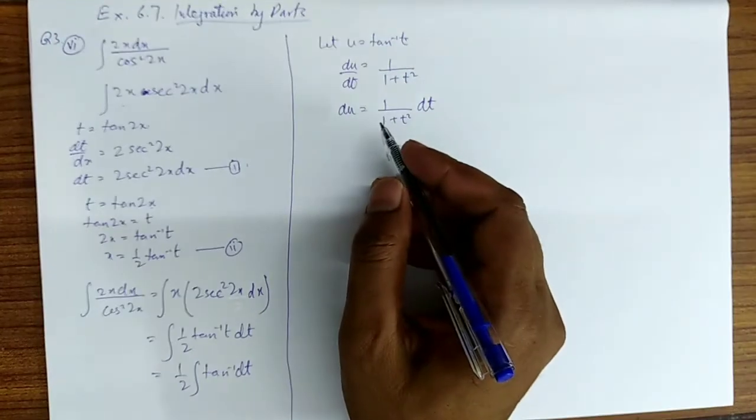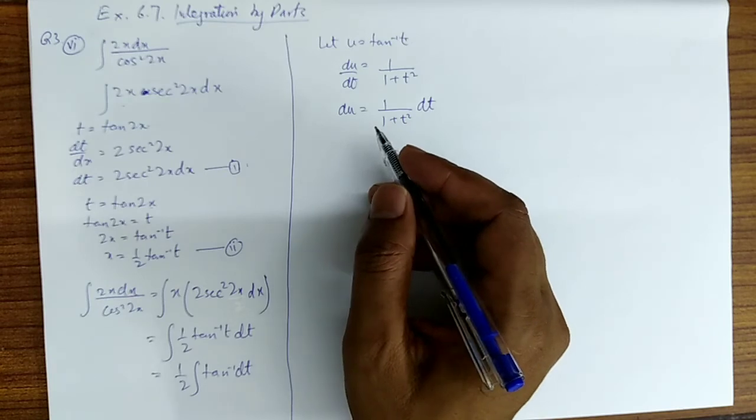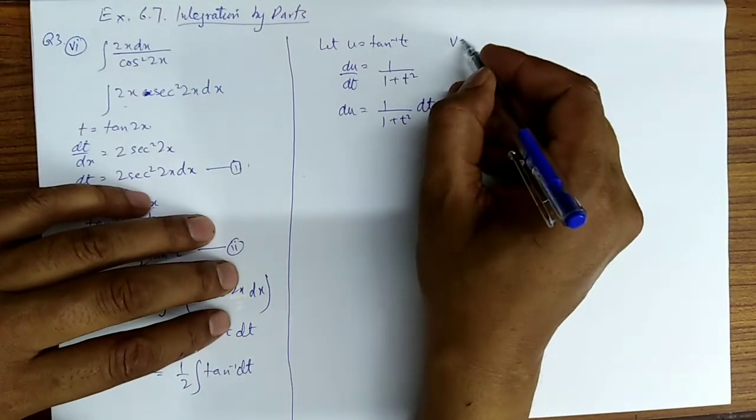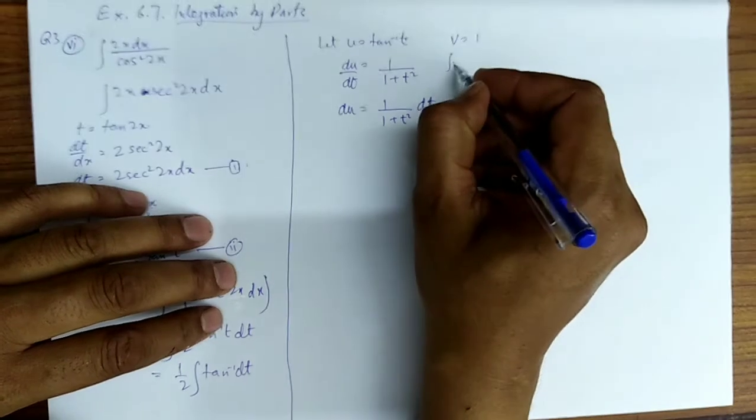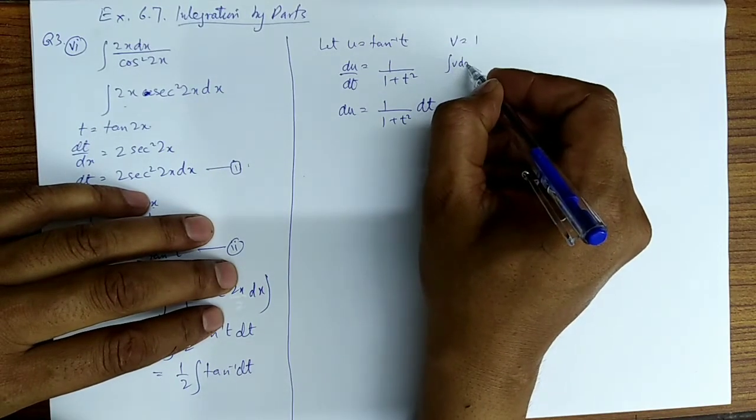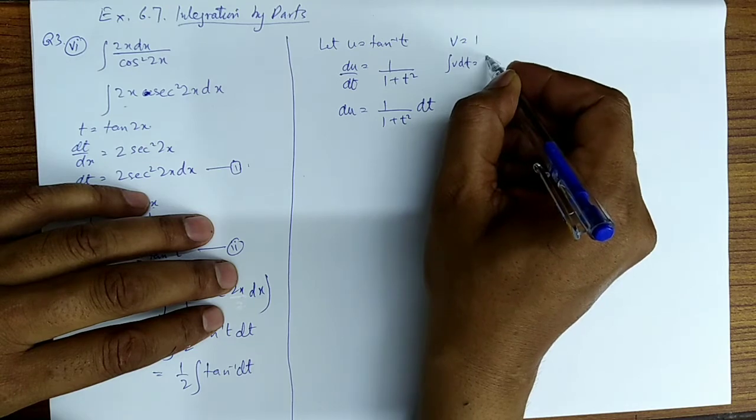So we are going to substitute these values now, and we have dv equals 1, and v is the integral of dt, that is t.